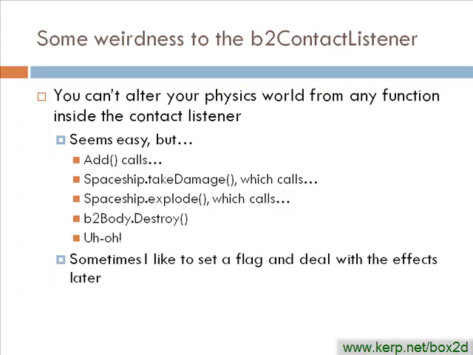If I know my spaceship has to take damage, I will turn some takeDamage Boolean flag to true and then deal with it at a point I know is safe, a point I know is not being called from within the contact listener. For example, the child-specific updating function might be a good time to do it. I know that I'm calling that after I have called my step function within the world.